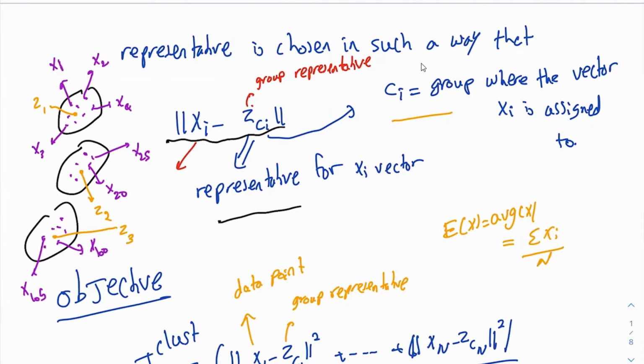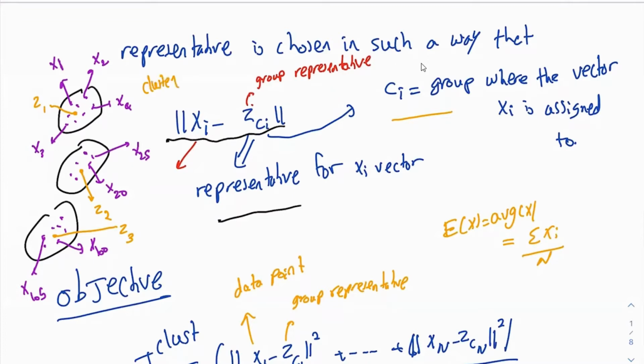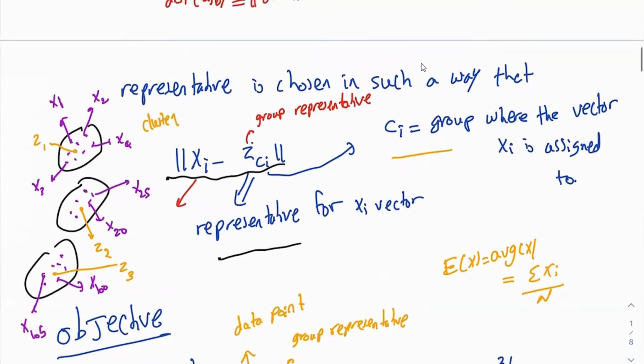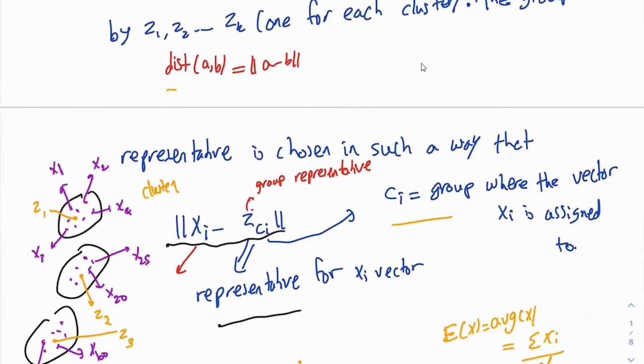Meaning that, for example, if you consider cluster 1 here, you would like the distance, and remember in the previous videos, we defined the distance between point A and B as a norm of A minus B. So we would like the distance between X1 and Z1, plus the distance between X2 and Z1, sorry, plus all the way, let's say, X6 and Z1 to be minimized, right?